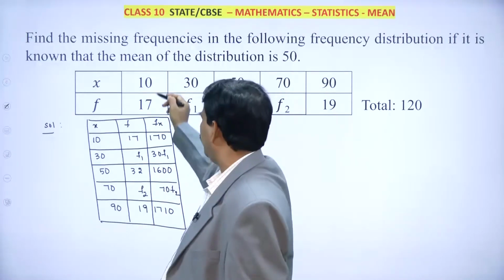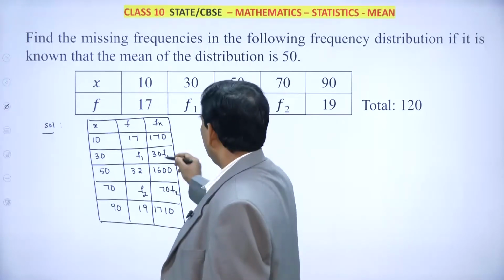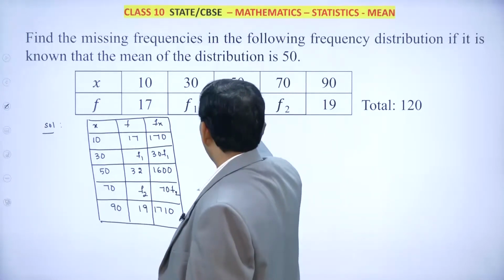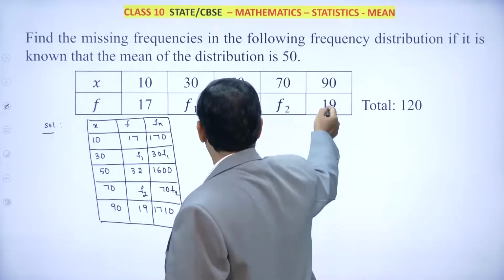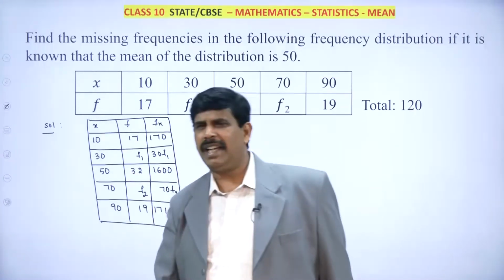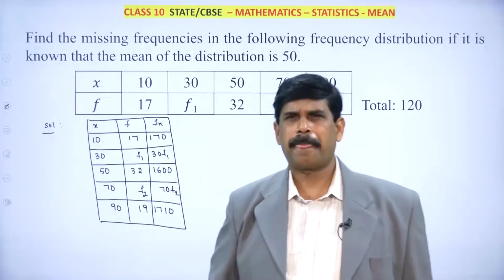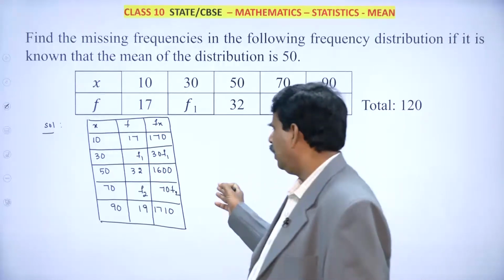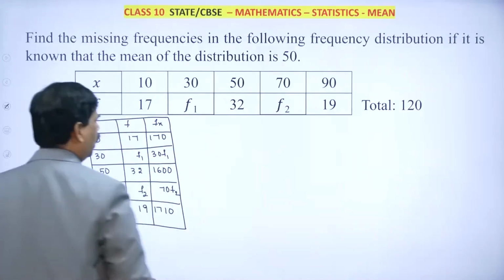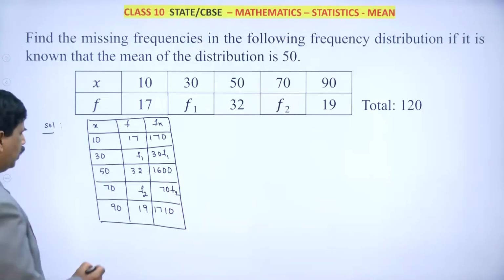We multiply now 10 into 17, 170, 30 f1, 50 into 32, 1600, 70 f2 as it is, 90 into 19, 19 nines are 171. So 1710. Is it clear?